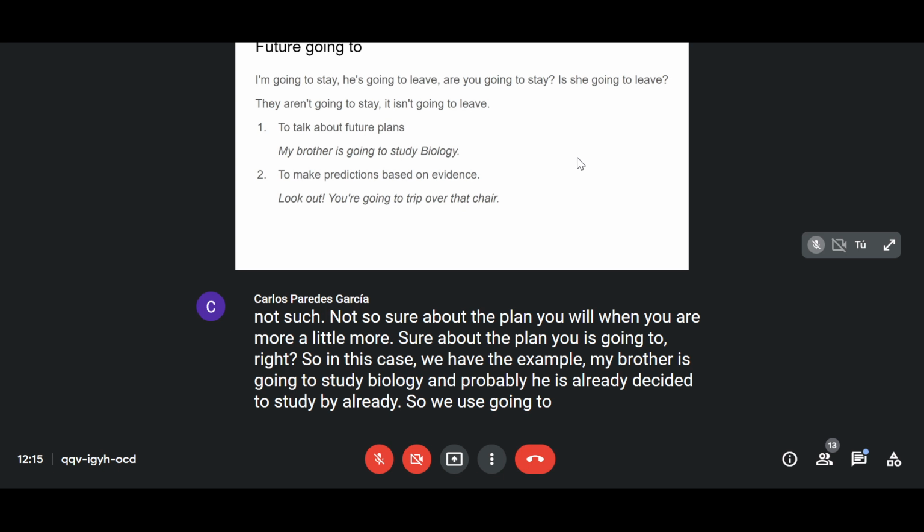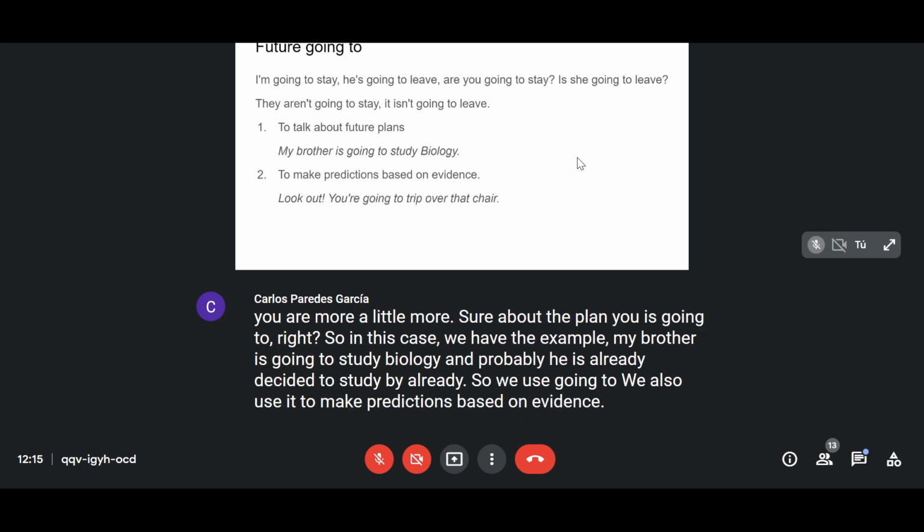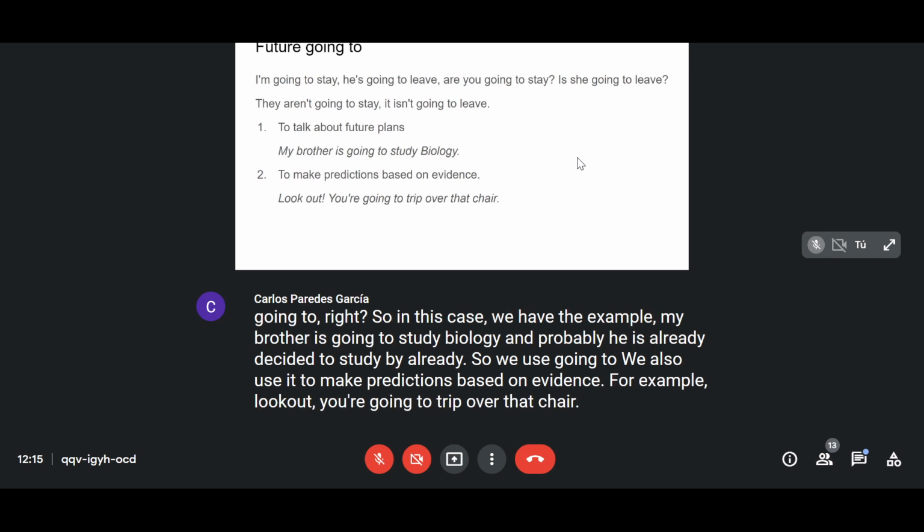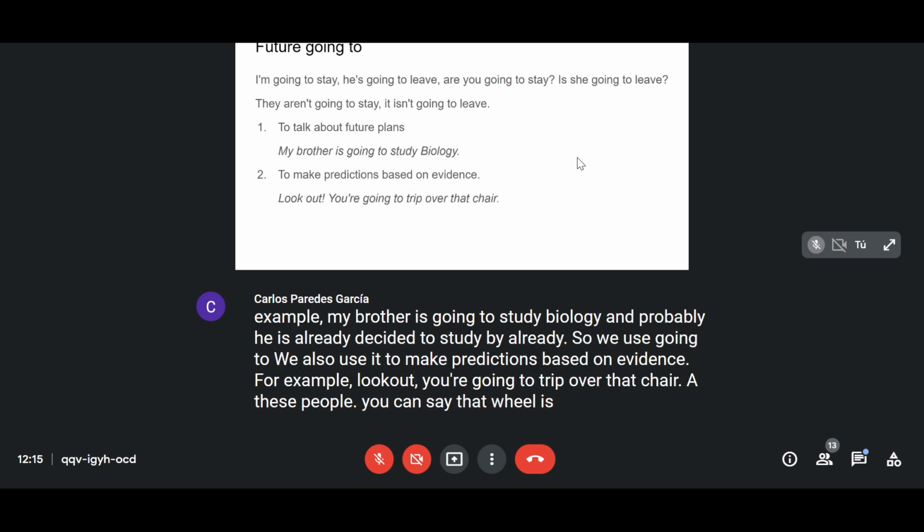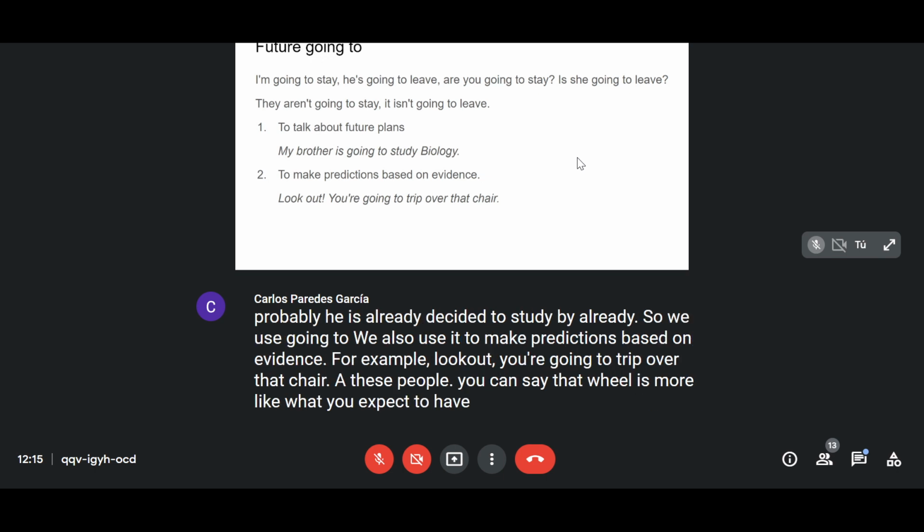We also use it to make predictions based on evidence. For example, look out, you're going to trip over that chair. Well, you can say that will is more like what you expect to happen, but you are not so sure.